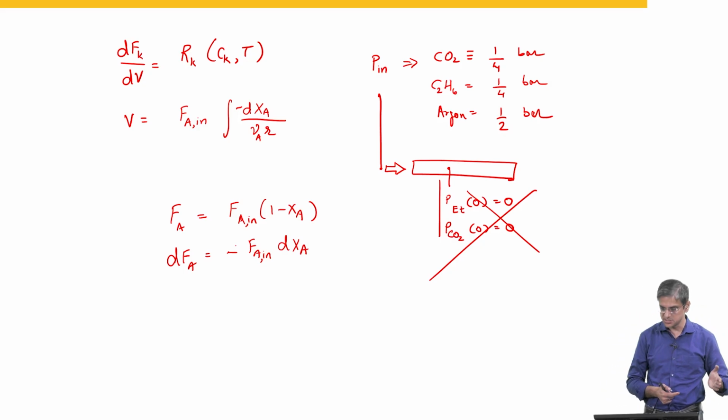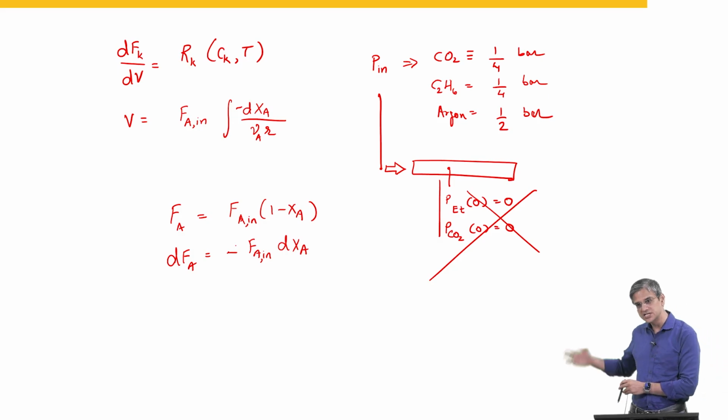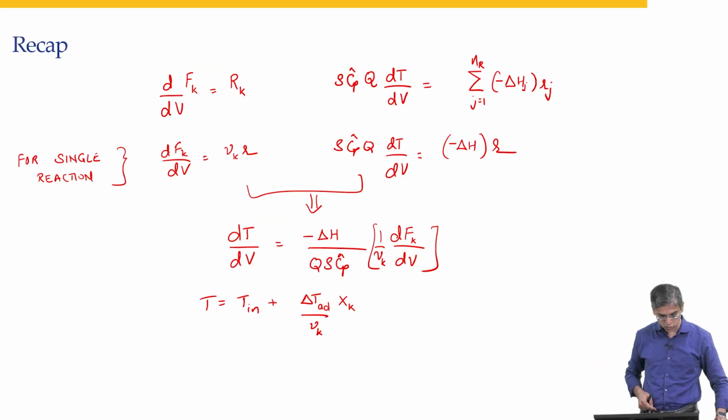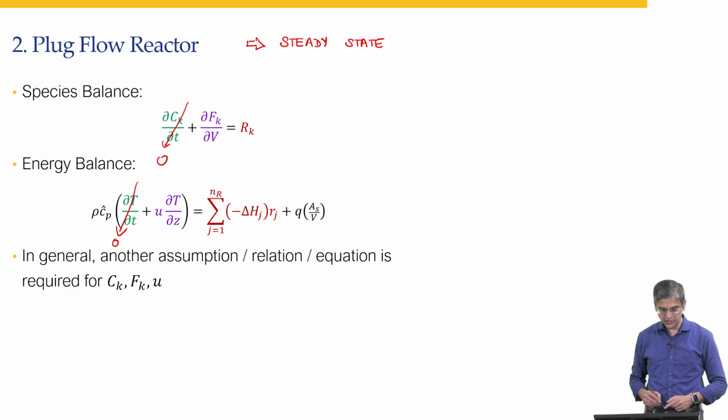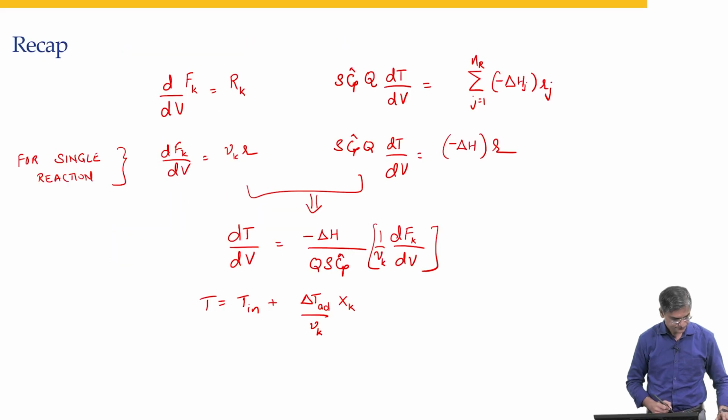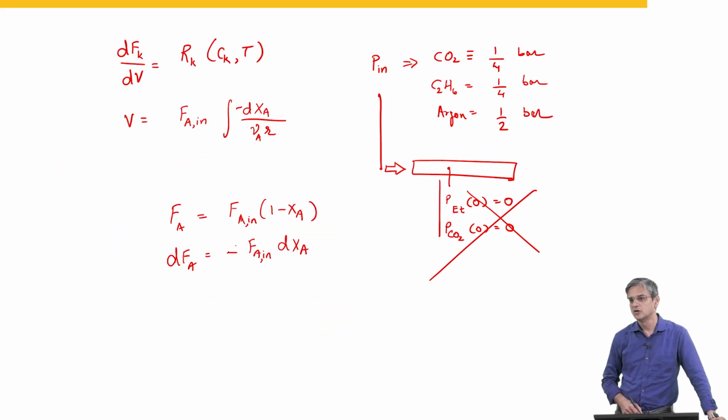When we are interested in transients, both the initial conditions and the inlet conditions matter, and we will not take this to be 0. We will solve a partial differential equation. Okay. But when it comes to steady state, this does not matter.